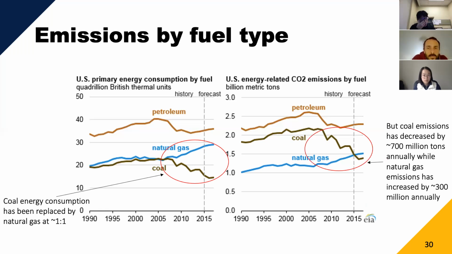So again, natural gas is a fossil fuel. Combustion of it does still lead to emissions of greenhouse gases. But in terms of sheer volumes of reduction, the replacement of coal by natural gas is far and away the biggest reduction that we've seen in the energy sector for emissions, more so than I would say most of the policies that are getting our emissions to decrease have done.